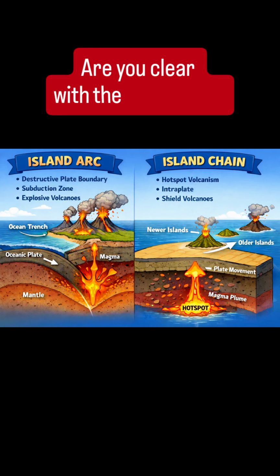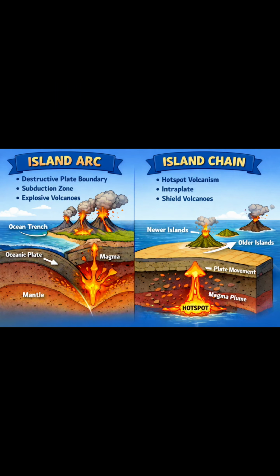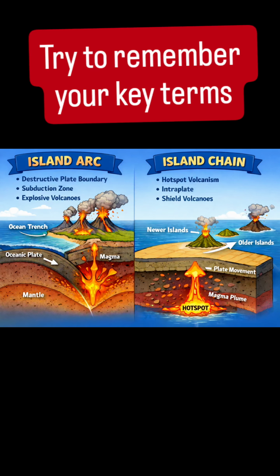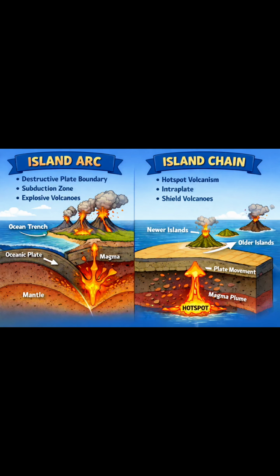Okay, so let's do a quick recap. An island arc forms at a destructive plate margin where you've got a subduction zone, and it creates explosive volcanoes in an arc curved shape. On the other hand, an island chain forms intraplate, in the middle of a plate where you've got a hotspot volcano.